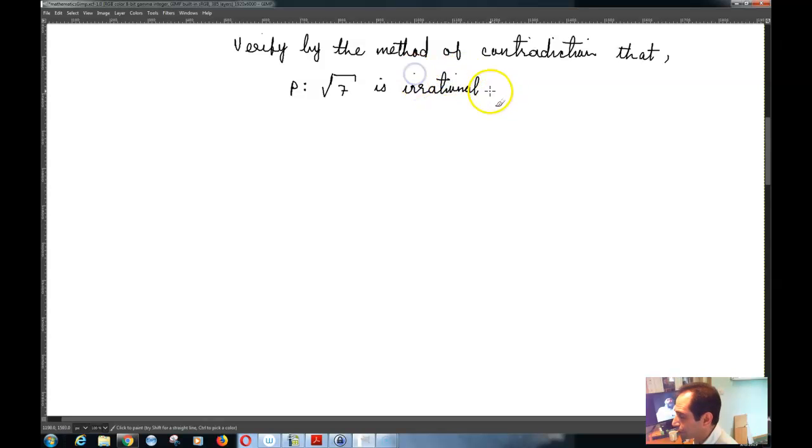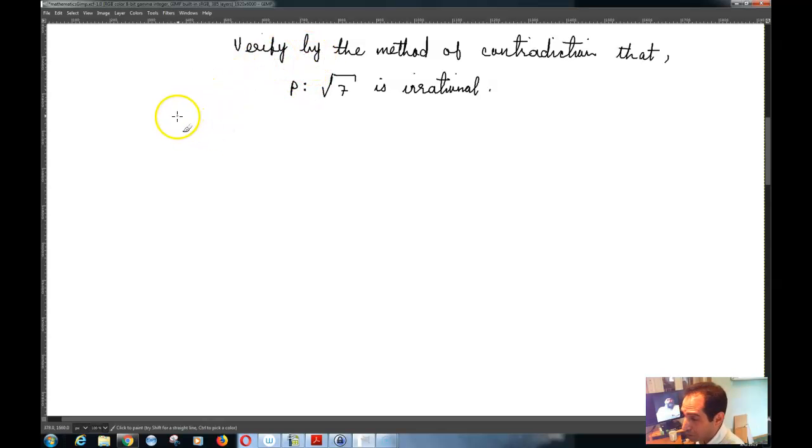So when you want to verify that the square root of 7 is irrational, by the method of contradiction, we said that we need to assume that the square root of 7 is rational, meaning the negation of this statement.